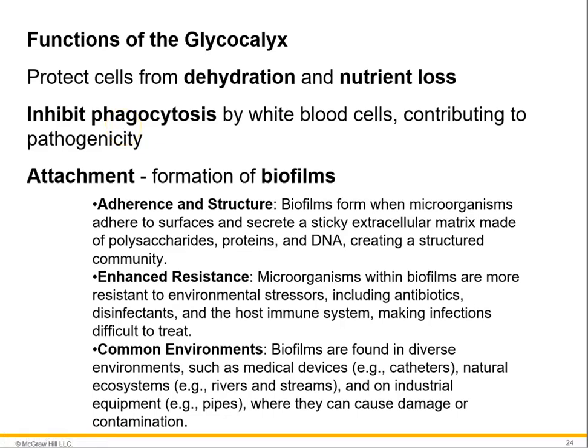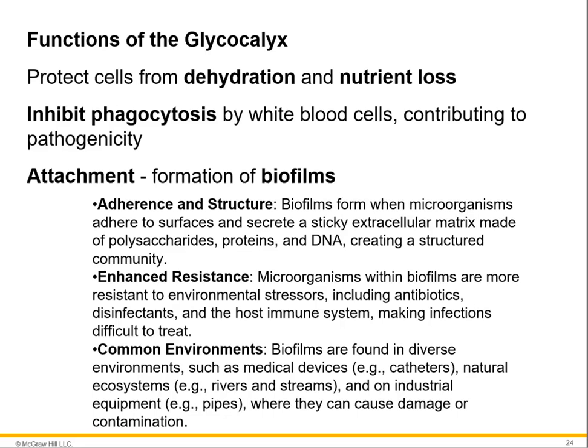Okay, what that means. Phagocytosis is something that our white blood cells do to pathogens. They essentially open up and eat the pathogen, taking that pathogen into themselves and then destroy that pathogen. The capsule prevents these white blood cells from being able to eat them, okay?